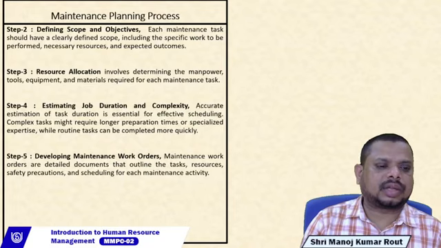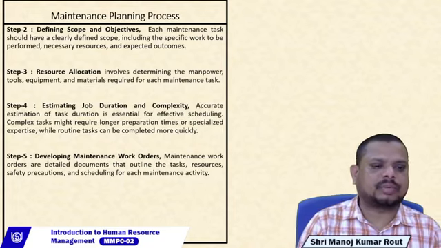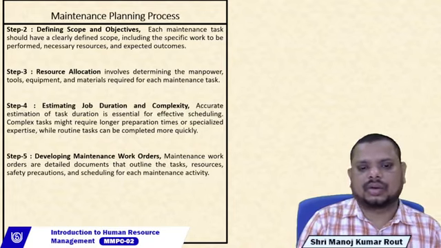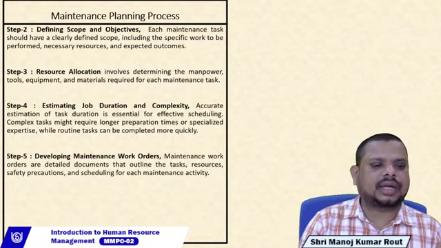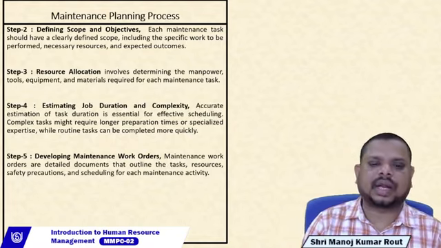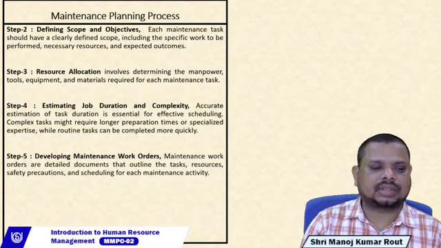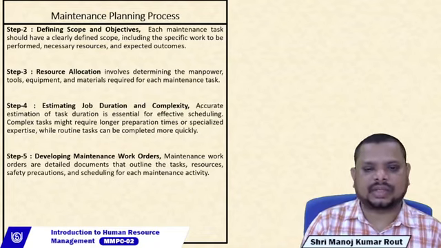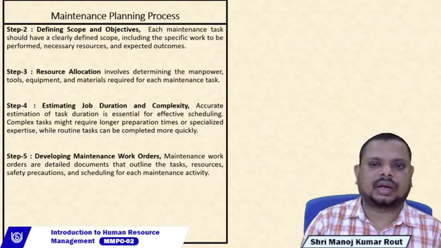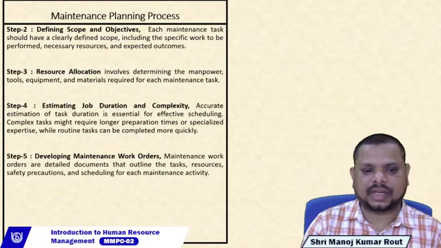The last step is developing the maintenance work order. Maintenance work orders are detailed documents that outline the tasks, resources, safety precautions, and scheduling for each maintenance activity. It is mostly done by the middle level of management, especially maintenance managers.